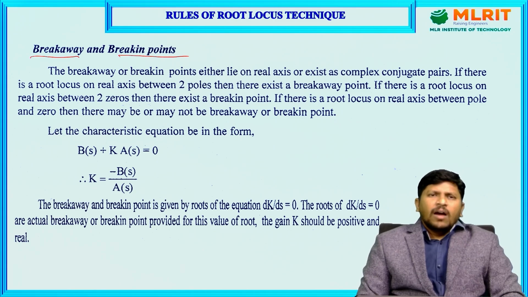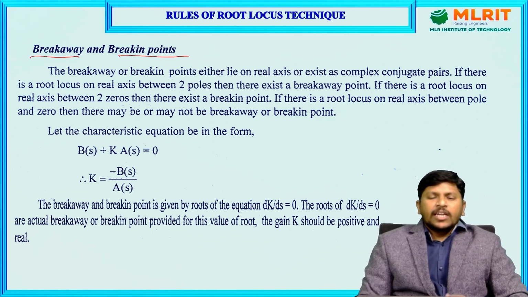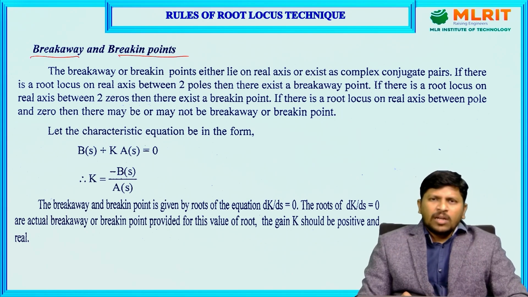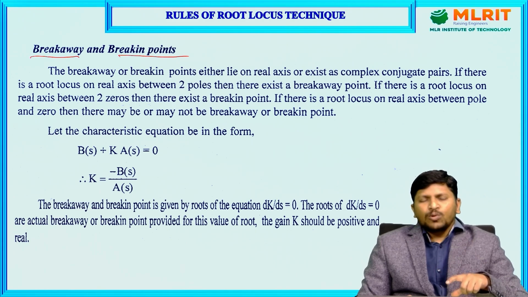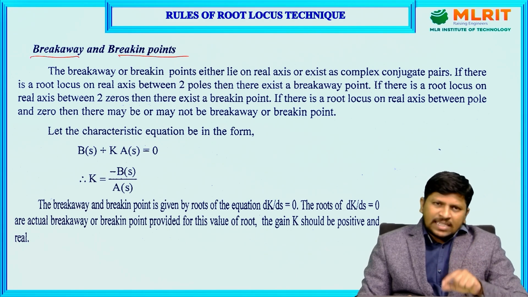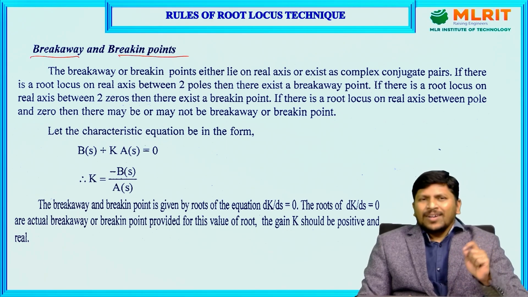A breakaway point is nothing but this: any two adjacent poles are available in a root locus. In between, one breakaway point definitely occurs. Between the two poles, the root locus exists, then a breakaway point is going to occur.